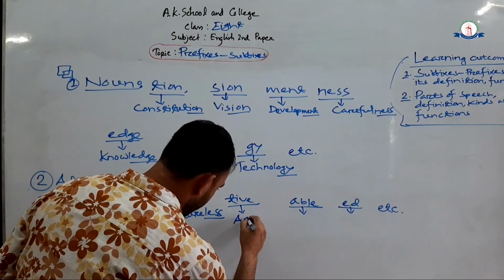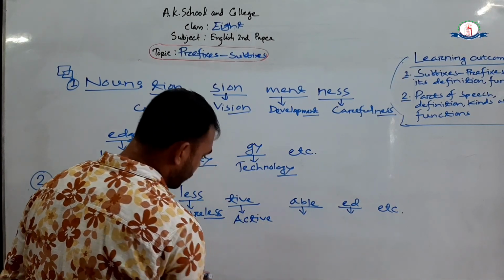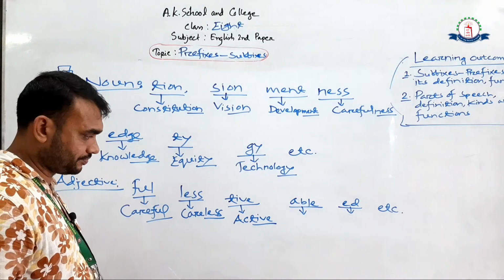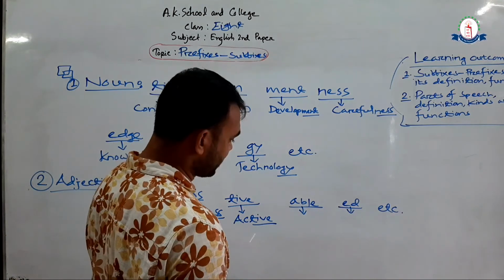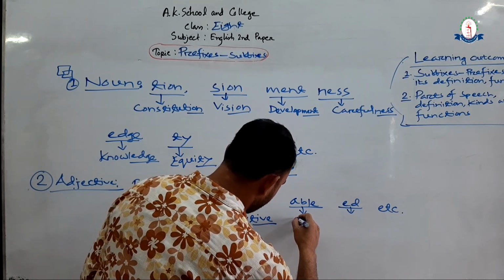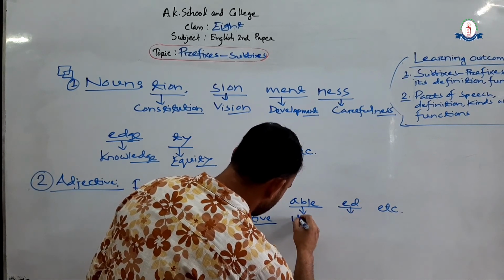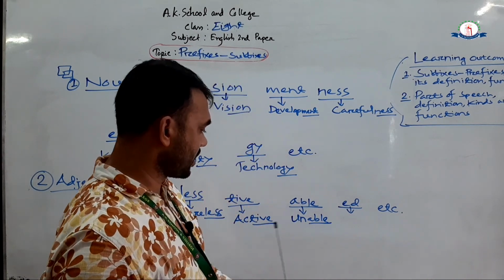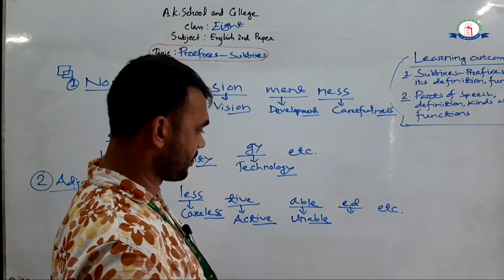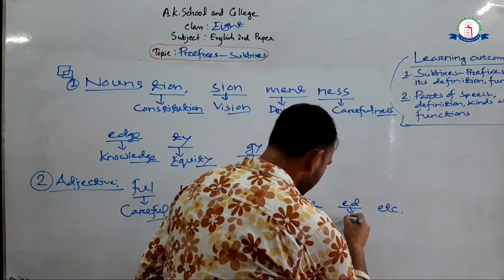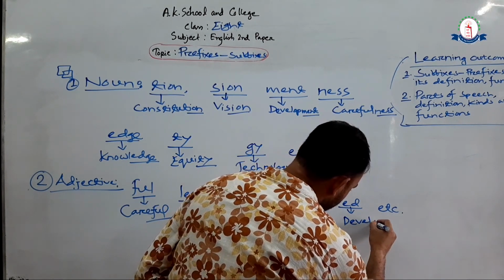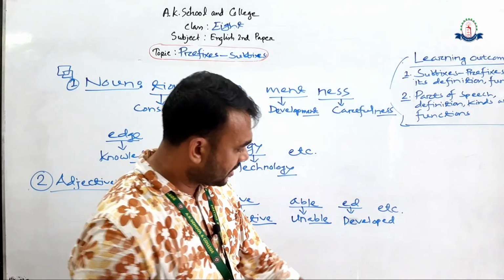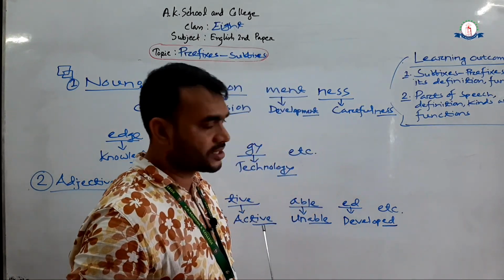Okay, so here the word is active, and this TIVE makes it active. Here I have written ABLE. So here I will write unable. So here able is an adjective. Here ed, so I will make it an adjective, developed. So the word is developed, and the letters ed make it an adjective.